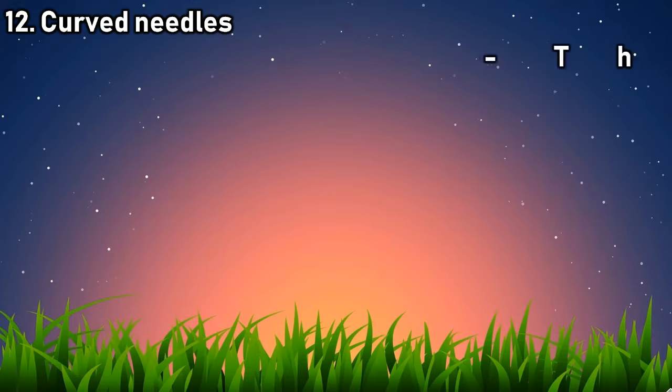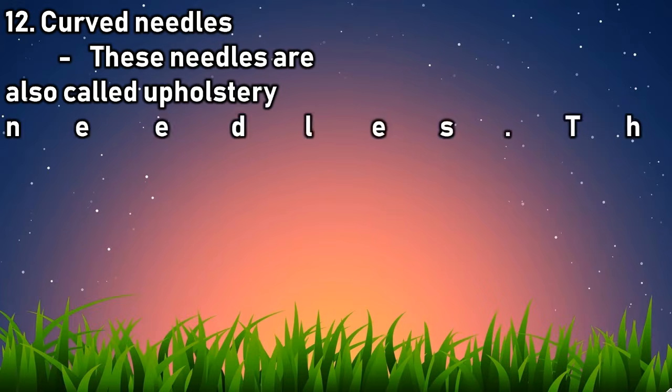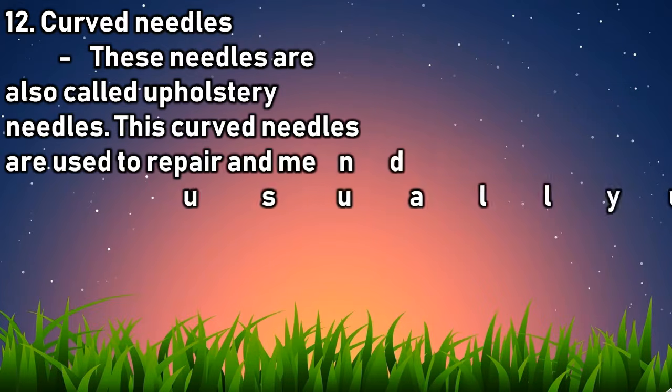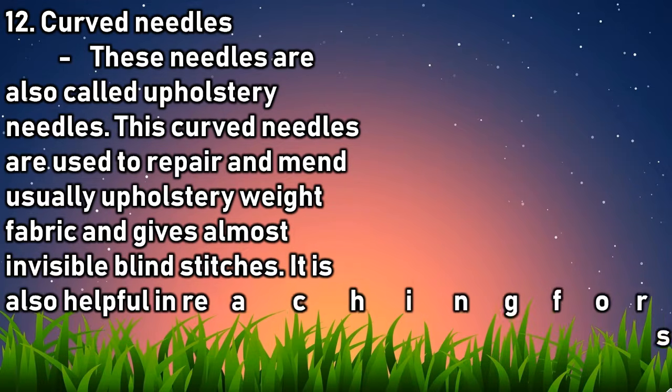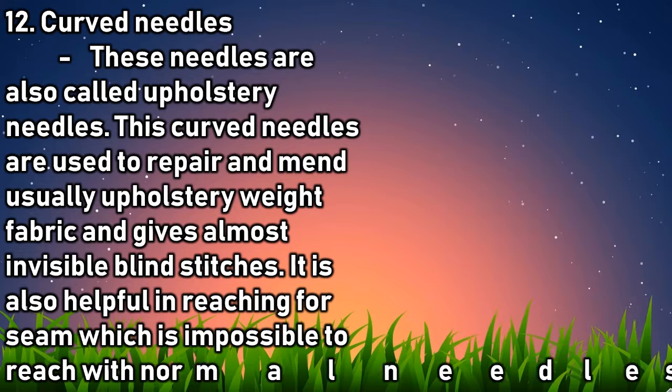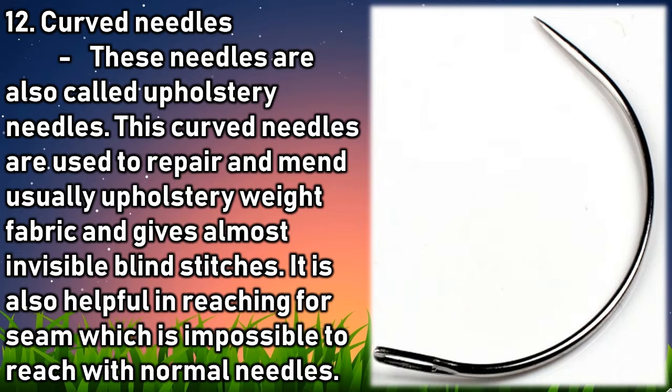Twelve. Curved needles. These needles are also called upholstery needles. These curved needles are used to repair and mend usually upholstery weight fabric and give almost invisible blind stitches. It is also helpful in reaching seams which are impossible to reach with normal needles.